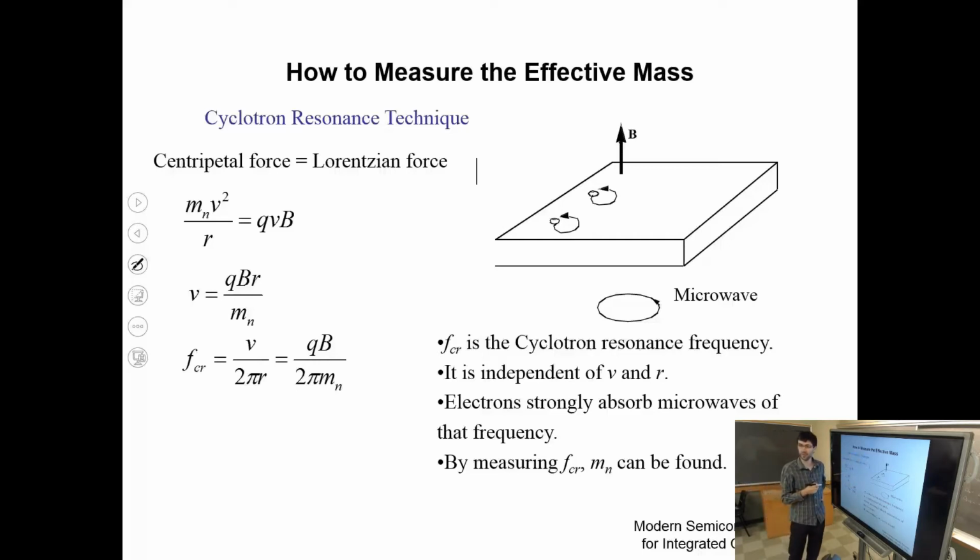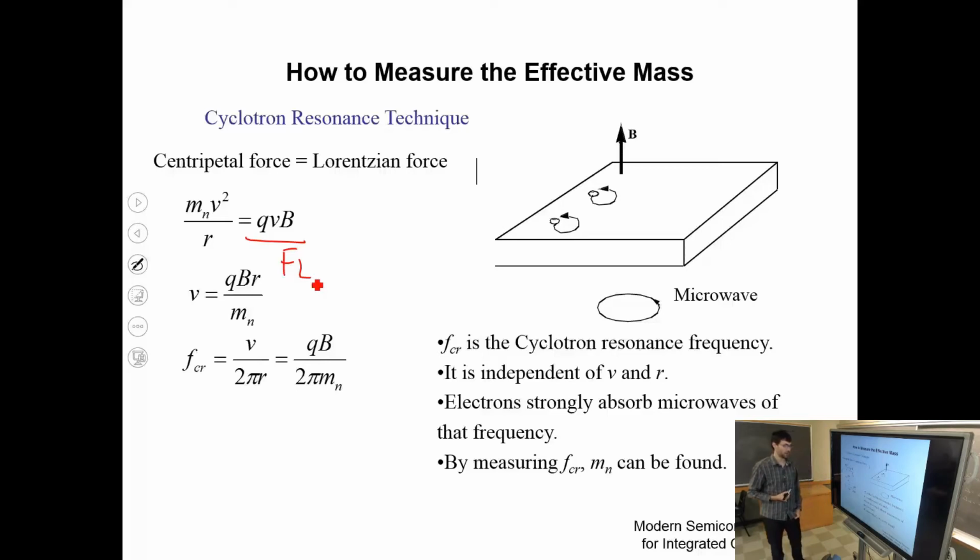And this circular trajectory is under the influence of the Lorentz force. The Lorentz force does not change the velocity of the particle in magnitude, but it changes the direction. So as the particle moves this way, it gets bent by the Lorentz force and makes these circles, the cyclotron orbits.